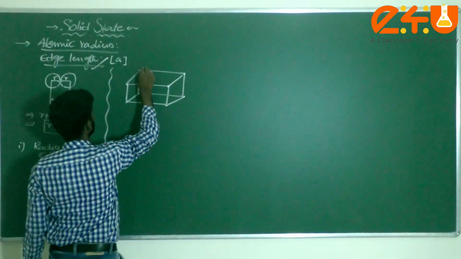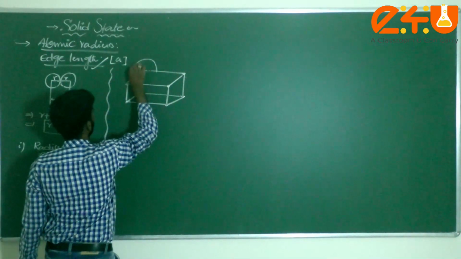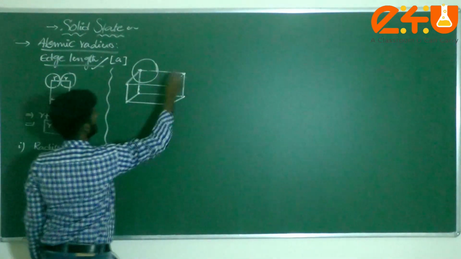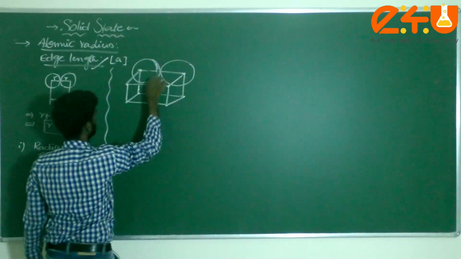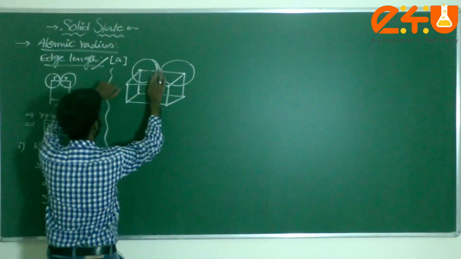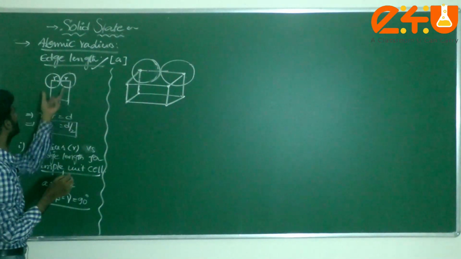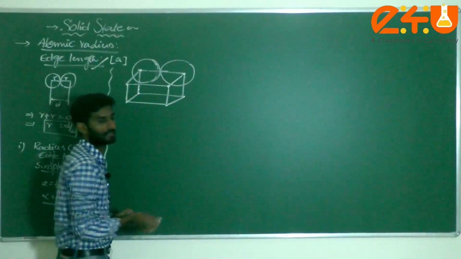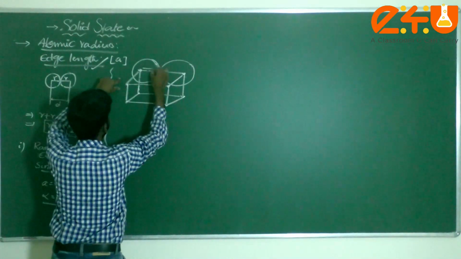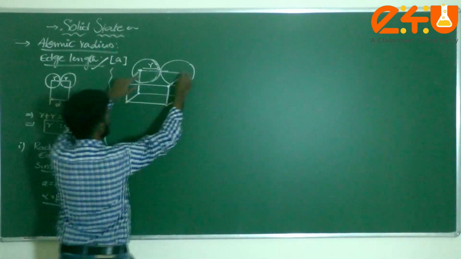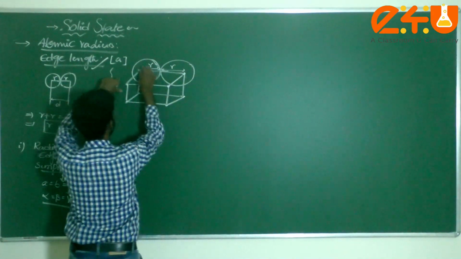I am drawing this one: this is one atom, and this is another atom. Now take half of the distance between the two adjacent atoms. From here to here I can consider the radius r. Next, from this atom to here I can consider the radius r.